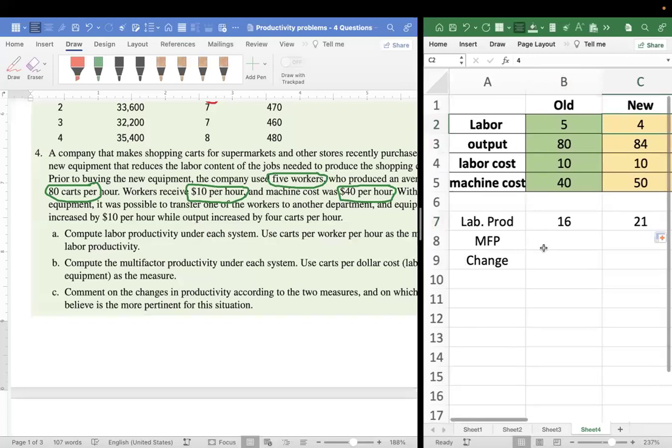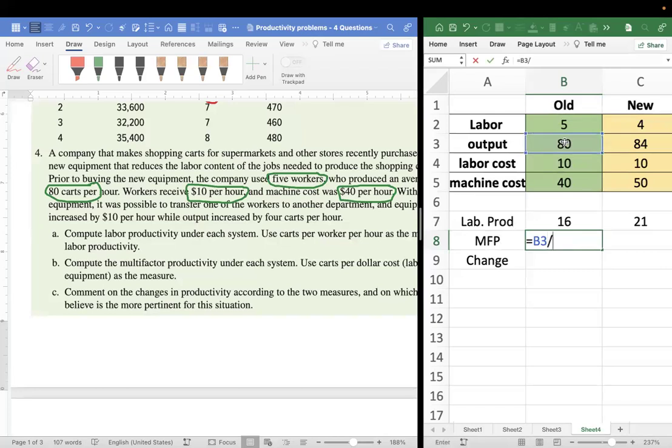Okay, and the next thing is multi-factor productivity. In multi-factor productivity, it is the ratio of output and all inputs combined. So what's the output here? That's output 80 divided by, and what are the inputs? The first input we know is labor, which means 5 multiplied by their cost, that's $10.